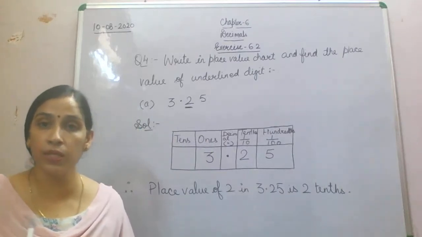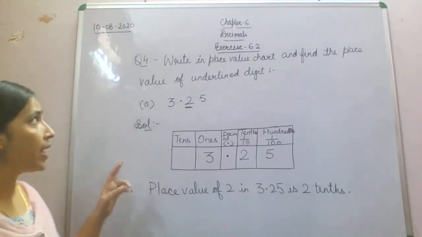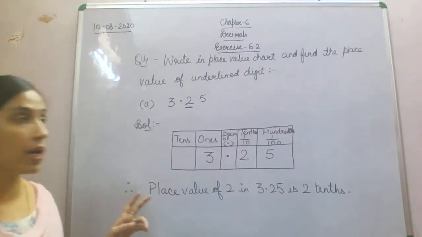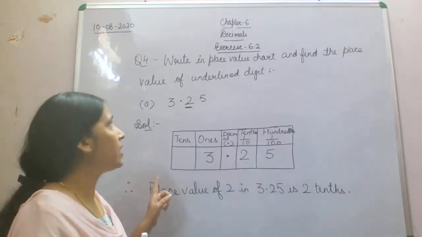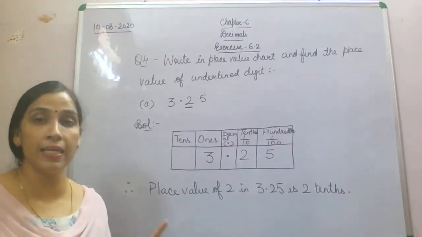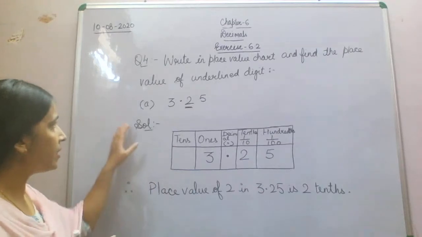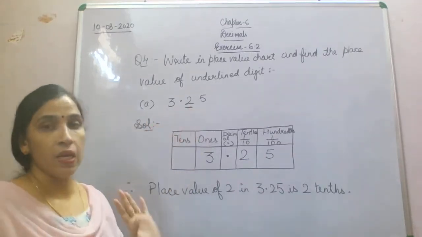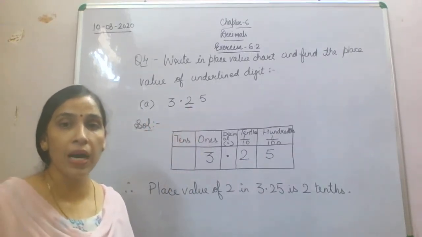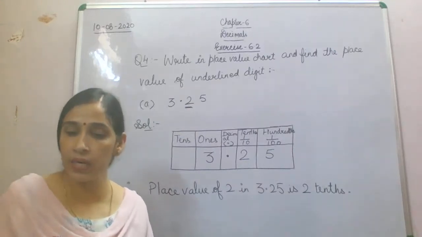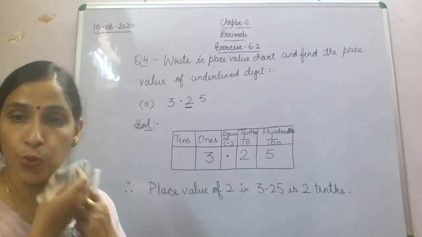You have been given question 4: write in place value chart and find the place value of the underlined digit. A is 3.25, and in this you have been given the underlined digit, that is 2. Fine.